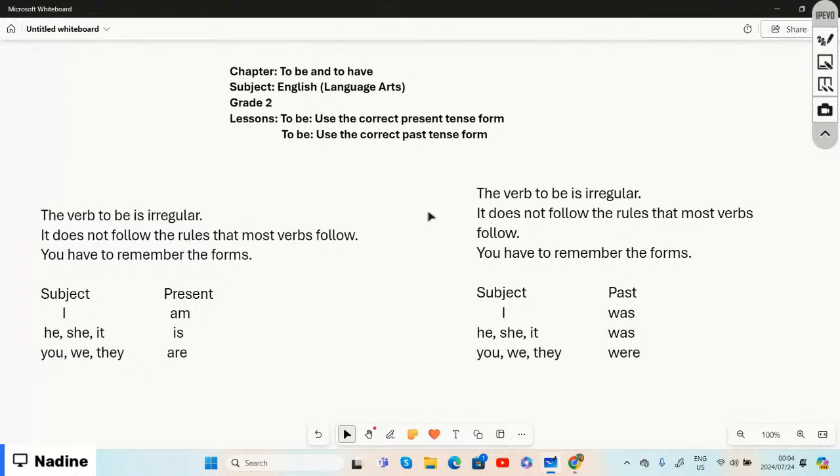Grade 2, all right. So our chapter is to be and to have. Our subject is English language arts.